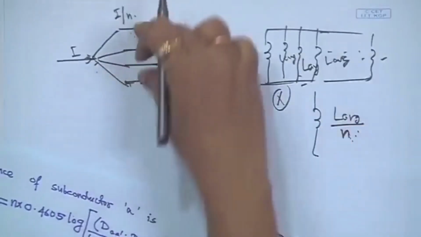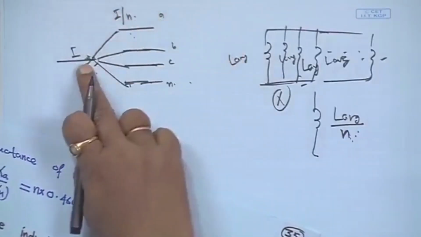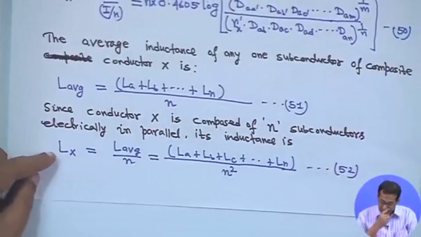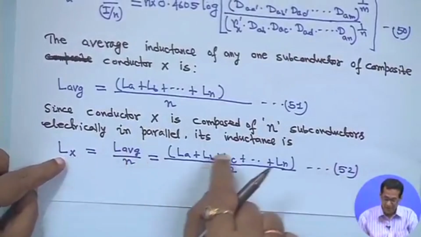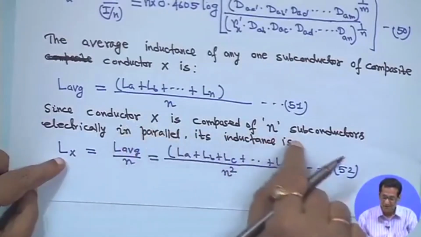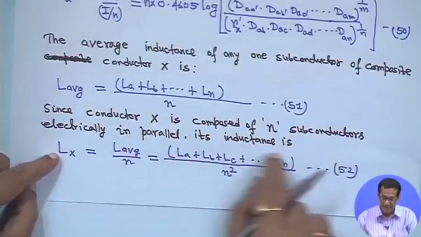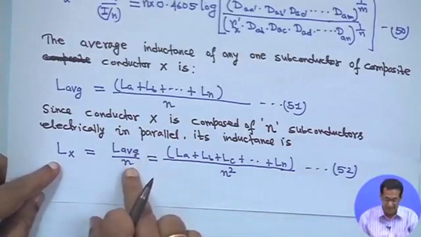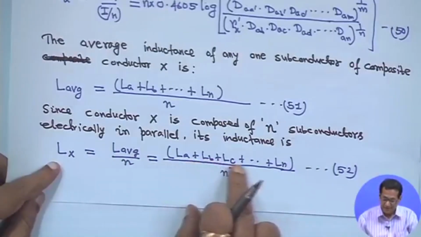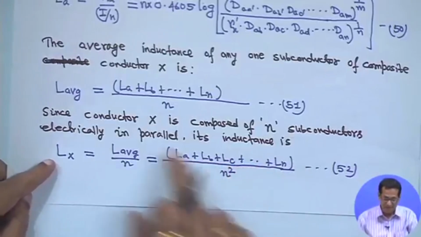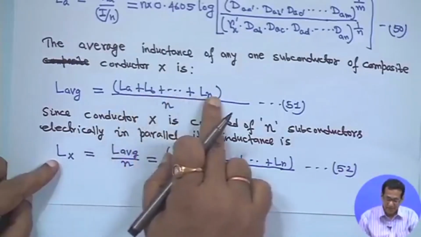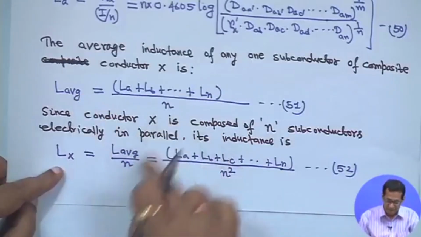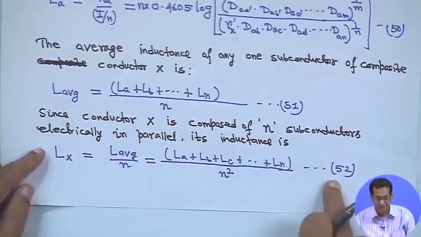The total current I, each conductor carries current I by N. Therefore, since conductor X is composed of n subconductors electrically in parallel, the inductance L_x is equal to L average by N, which is equal to L_a plus L_b plus L_c up to L_n divided by N square, because L average is L_a plus L_b up to L_n upon N, and here N is also there. If you substitute L average, it will become N square. This is equation 52, right.